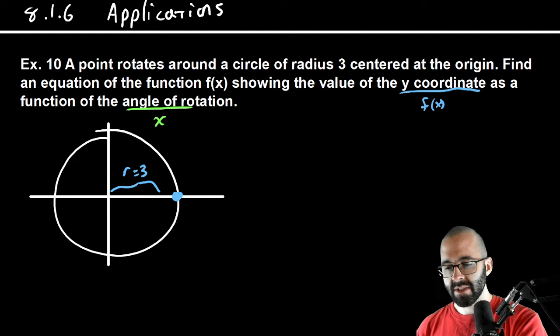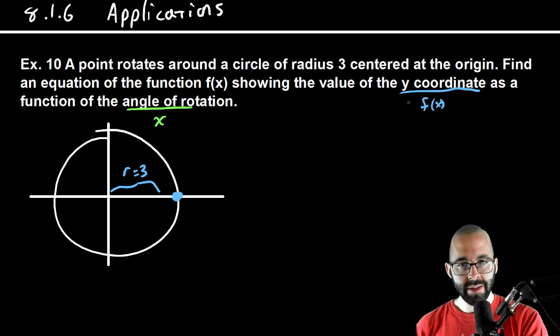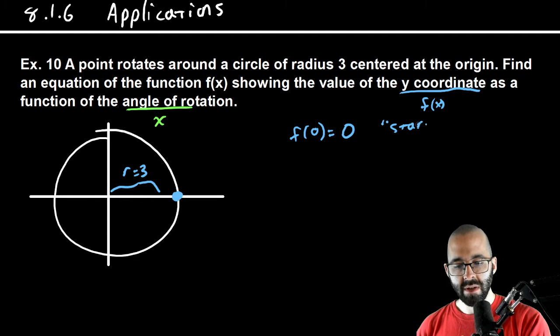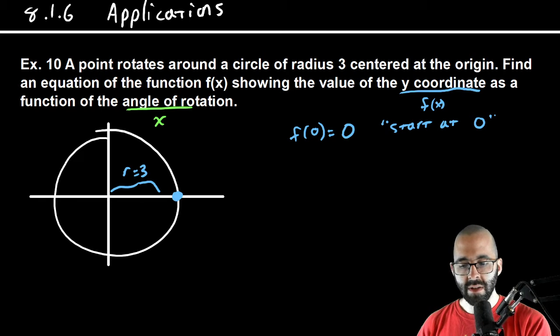So let's look at how this thing changes. The y coordinate, when x is 0, this is an angle of 0. This is where the y coordinate starts, at that blue dot. So f of 0 equals 0. We start at 0. When the angle is 0, this y value, this height, is 0.